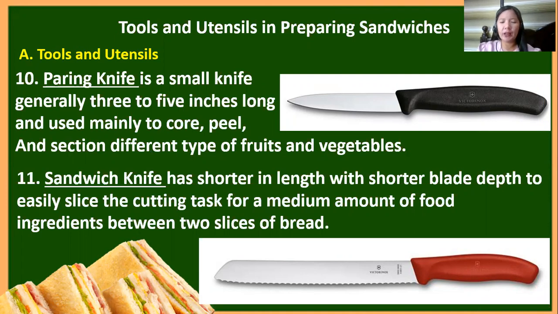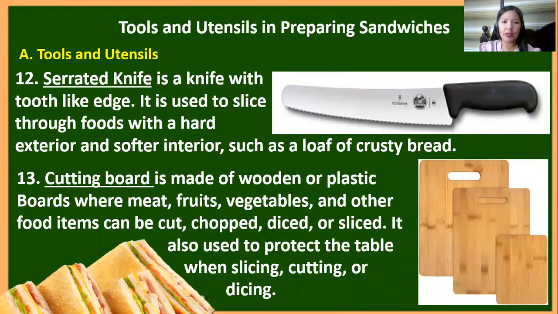It is shorter in length with shorter blade depth to easily slice a medium amount of food ingredients between 2 slices of bread. Okay, serrated knife, it is a knife with a tooth-like edge. Like what you can see on our example, it is used to slice through foods with a hard exterior and softer interior, such as a loaf of crusty bread.